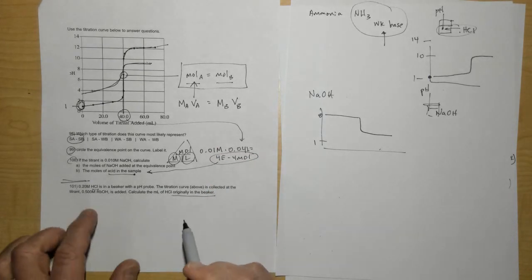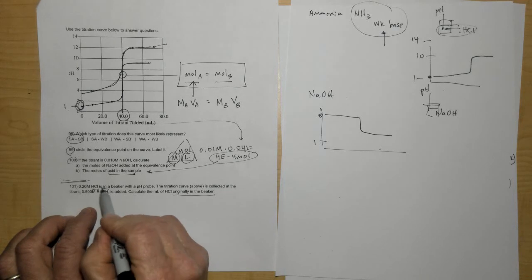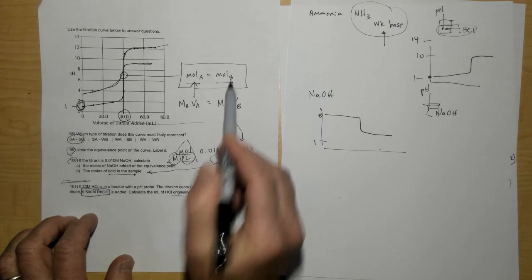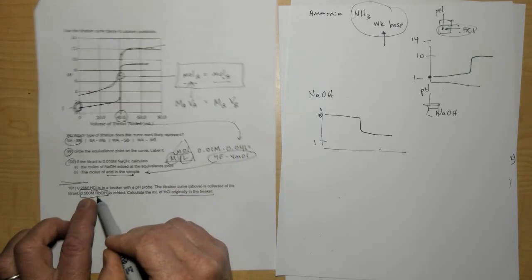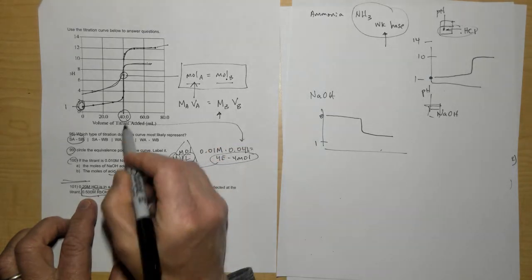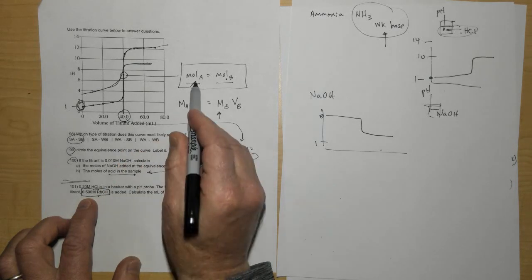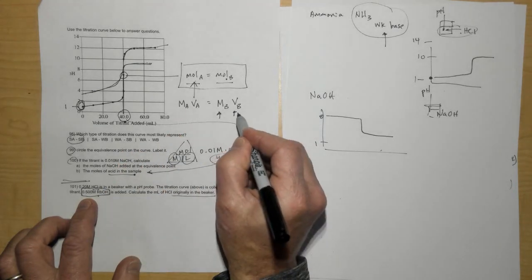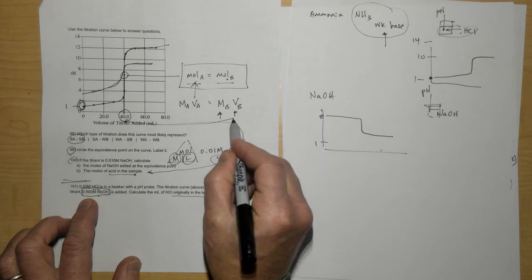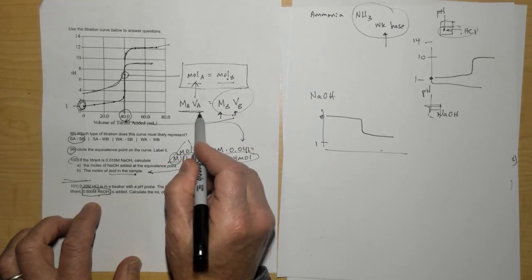And so if I know that the rubidium hydroxide is 0.5 molar, and I know its volume to get to equal moles of acid is 40 milliliters right here, I could multiply those two together to get what this is equal to.